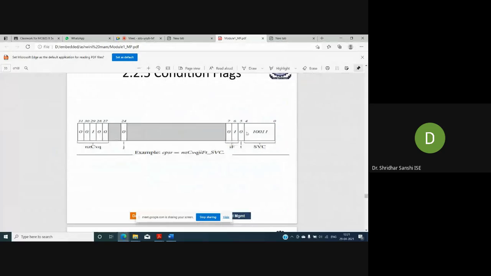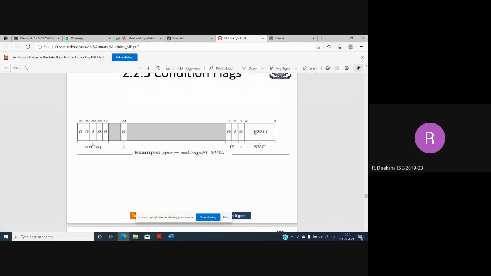Yeah, tell me. When T is 0, it is an ARM instruction. Yes, this is correct. What do you mean by this? This corresponds to what?